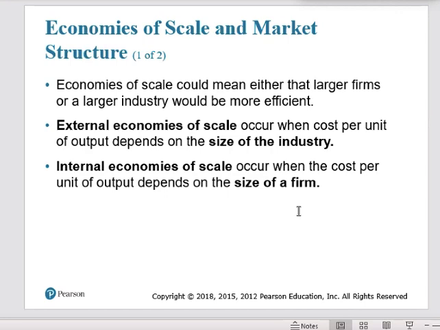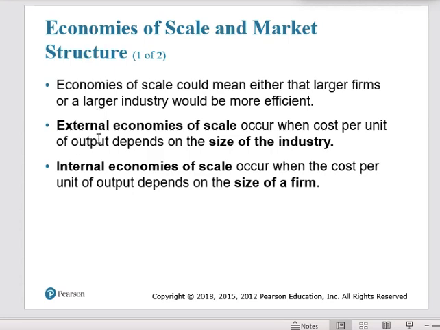Now we are looking at two different economies of scale. One is external economy of scale. The other one is internal economy of scale. Let's look at the definition. Economies of scale could mean either that larger firms or larger industries would be more efficient.